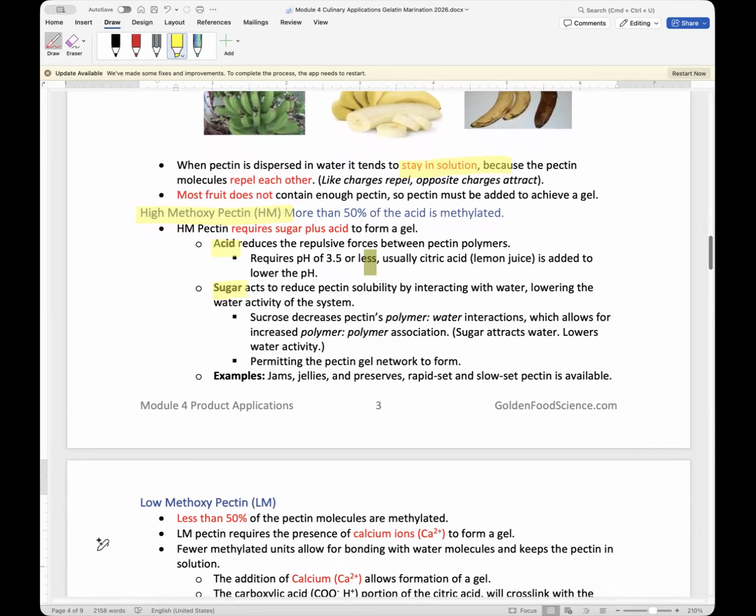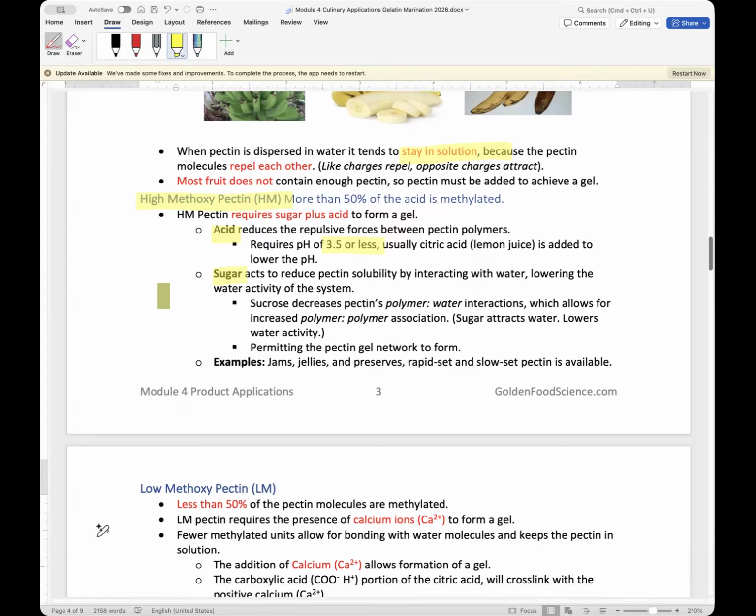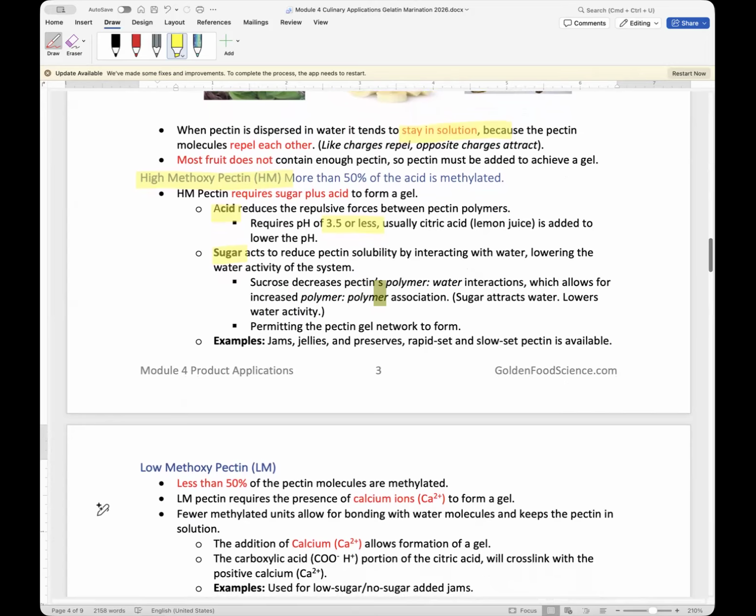It requires a pH of 3.5 or less, which is why we add lemon juice or citric acid when we're making our jams and jellies, and it requires sugar. What the sugar does is decrease pectin's polymer water interactions by binding the water, and so you get the firm gel.